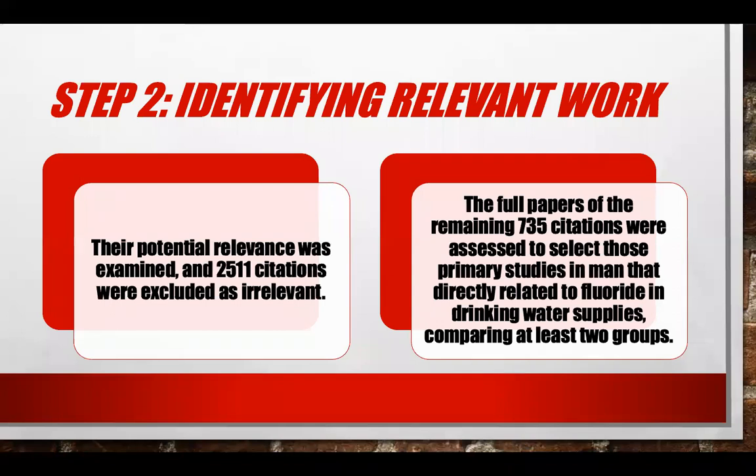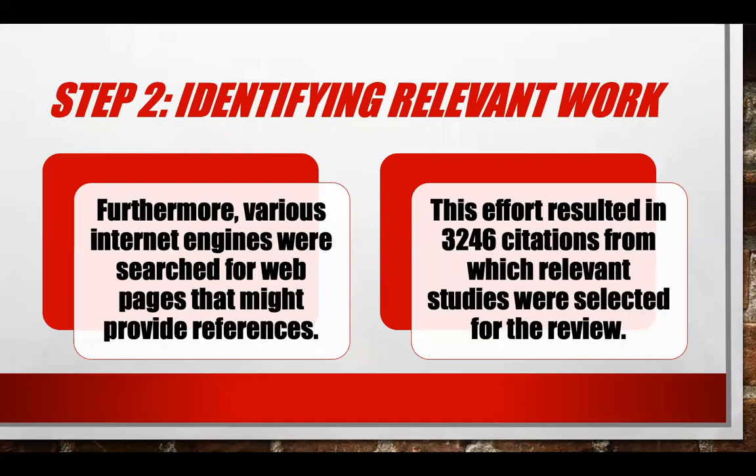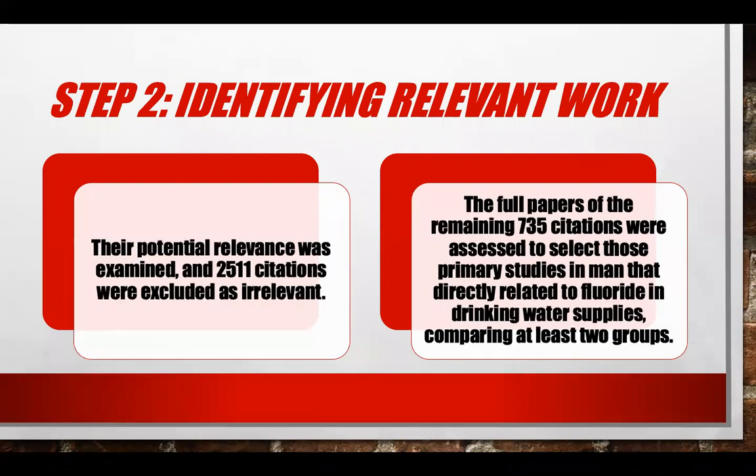Their potential relevance was examined and 2,511 citations were excluded as irrelevant. So you can see out of 3,246, 2,511 citations were irrelevant. The full papers of the remaining 735 citations were assessed to select those primary studies in man that directly related to fluoride in drinking water supplies and compared at least two groups.